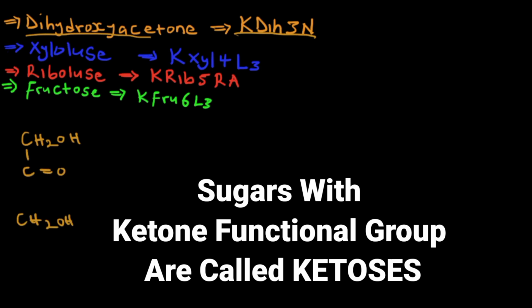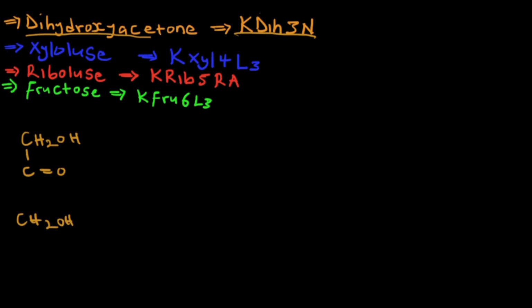Then DIH, which means dihydroxy; in the previous code, I use the first three letters. Then 3 means it has 3 carbon atoms. So I have 1 already, 2 already, and 3, and I just need to join them. Then N means I use N when there is no free hydroxyl group. That means this is enough as the structure of dihydroxyacetone.